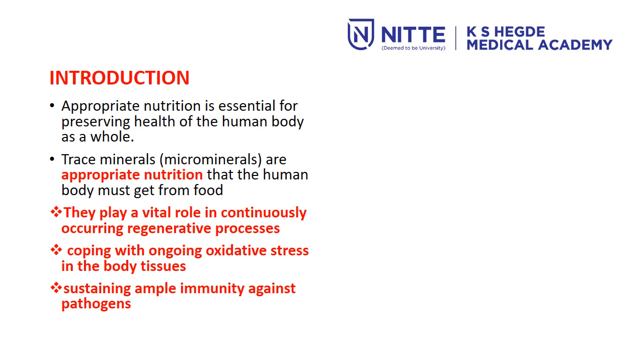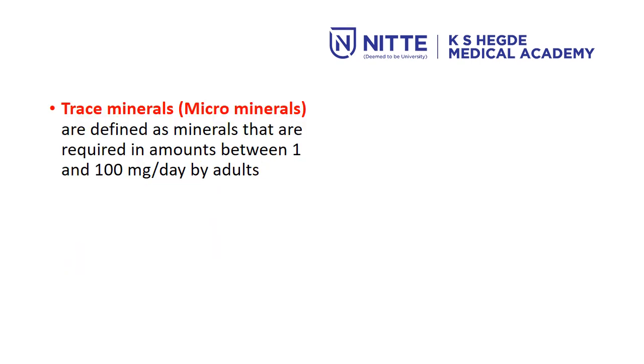They play a vital role in continuously occurring regenerative processes. They help in coping with ongoing oxidative stress in the body tissues, sustaining ample immunity against pathogens. Now, trace minerals are those minerals which should be taken in the diet less than 100 milligram per day by adults.